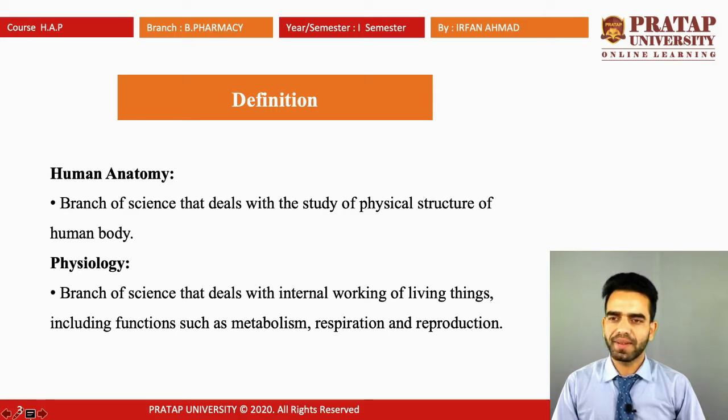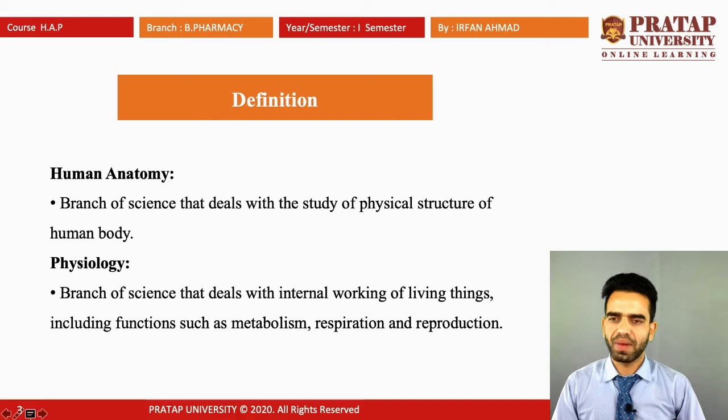Human anatomy is that branch of science which deals with the study of the physical structure of the human body. Whatever there is in the physical structure of the human body, we have to study in human anatomy. We have to study the anatomy of everything, from the teeth, anatomy of heart, anatomy of digestive system, anatomy of respiratory system.